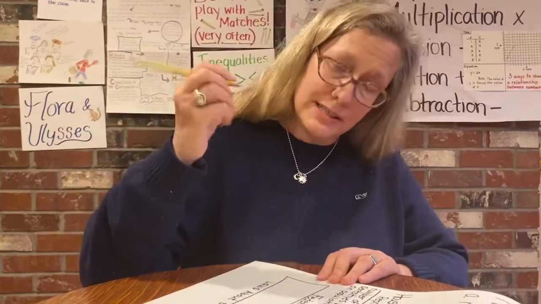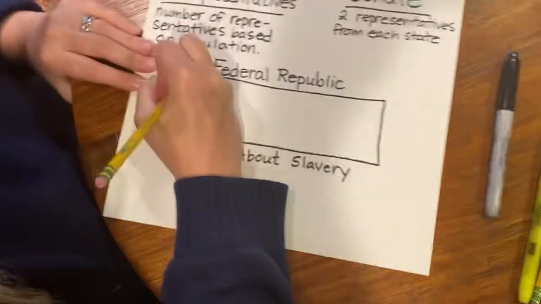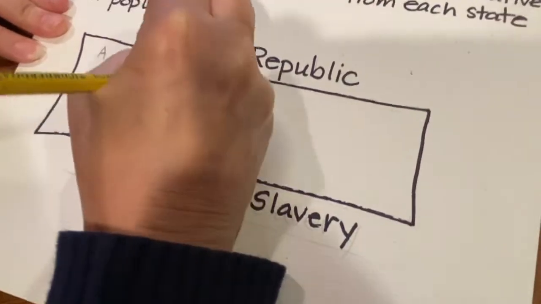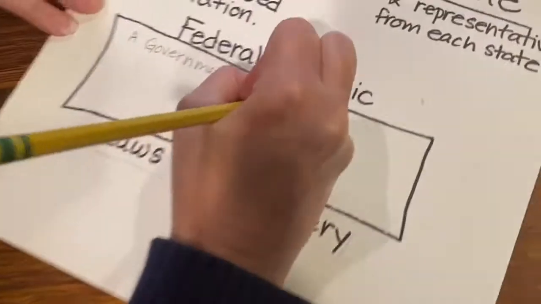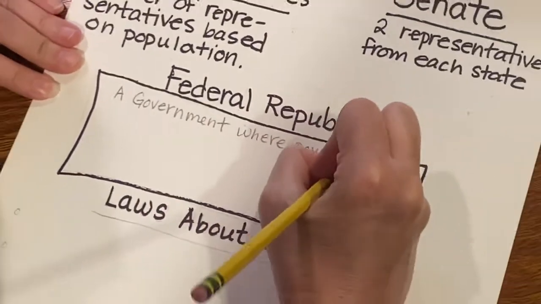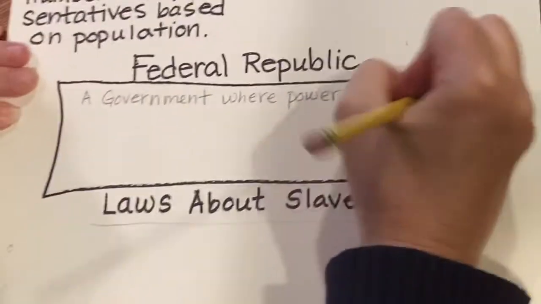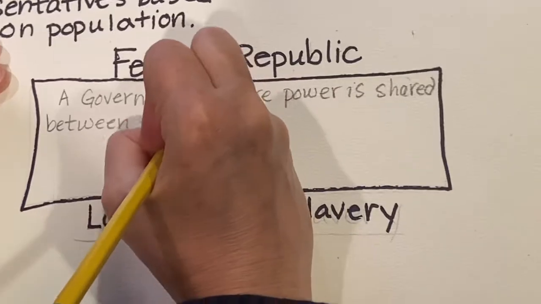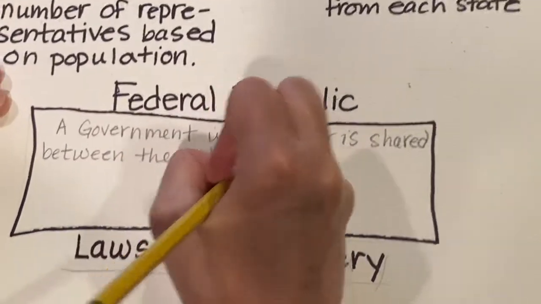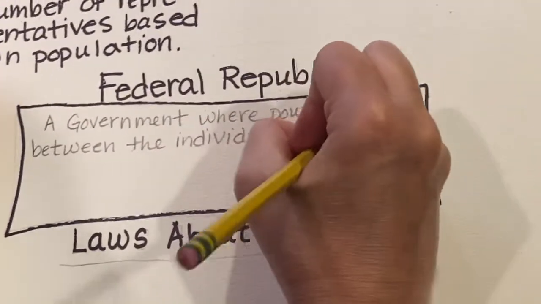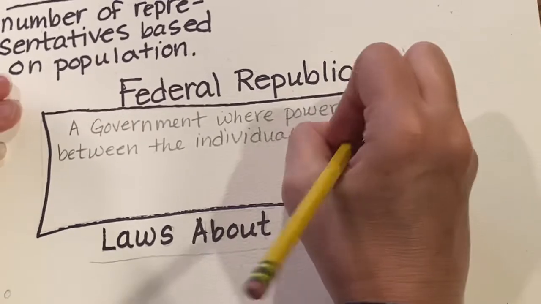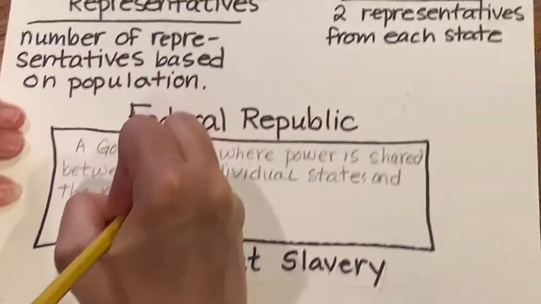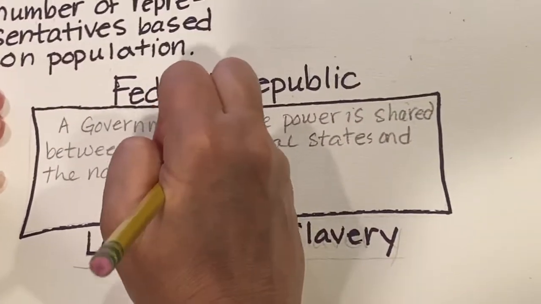So let's see what we've got here. Let's start by calling it a government where power is shared between the individual states and the national, and federal, they're the same thing.